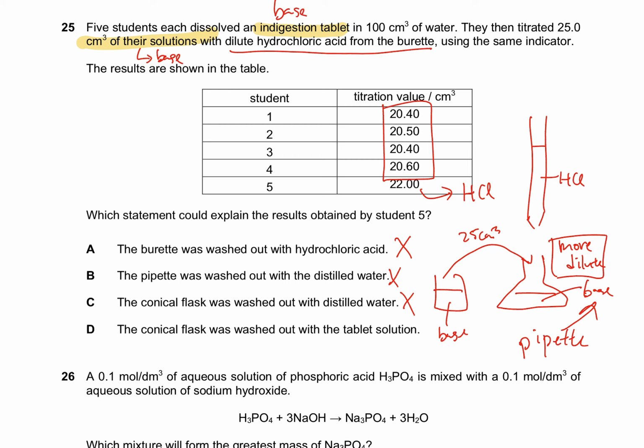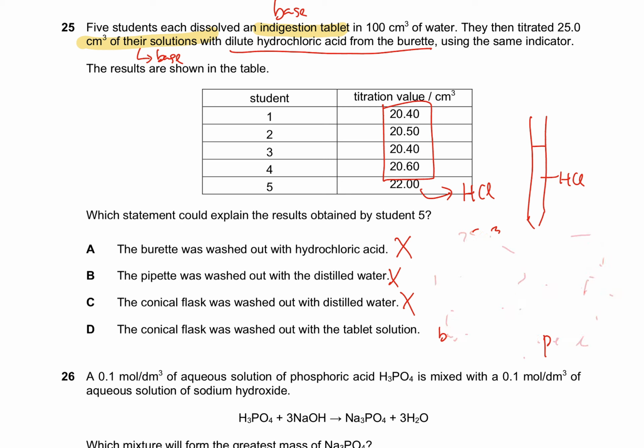Okay, last one, conical flask washed with tablet solution. Imagine we have the original solution inside the container, right? I have my conical flask, and then I washed it with some of the tablet solution. I don't know why he did that. You're not supposed to do that, but he washed it. So maybe I left some tablet solution. Then, will I know how much tablet solution is inside here?